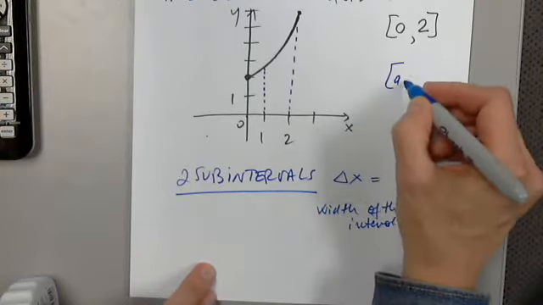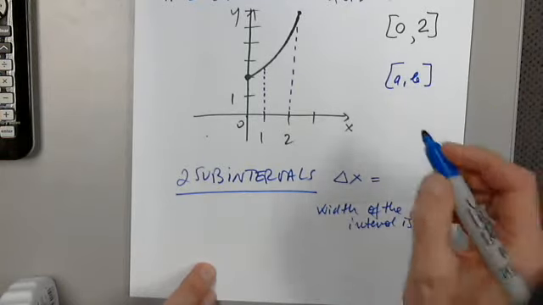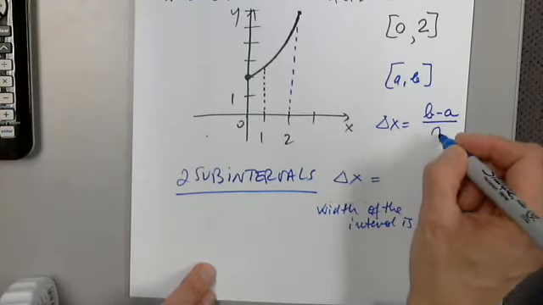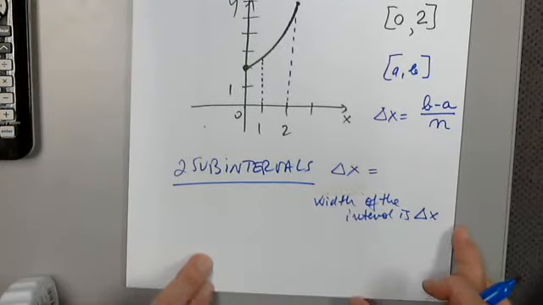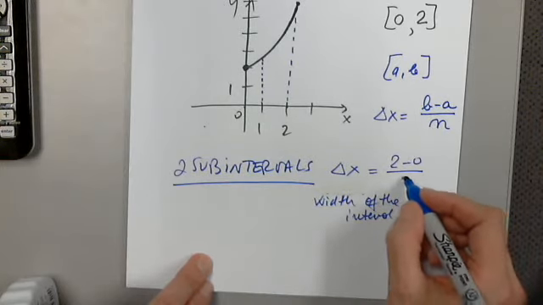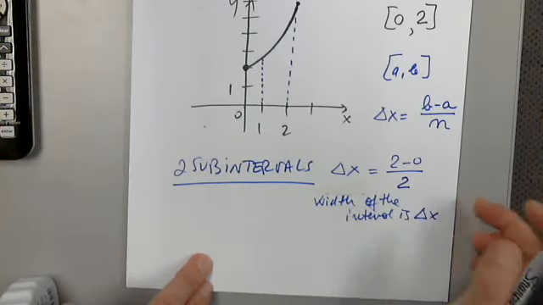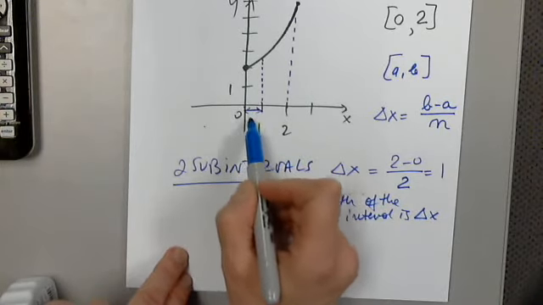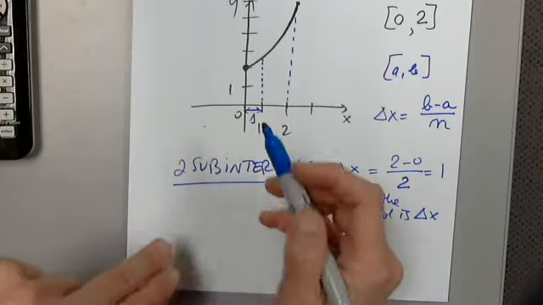So the interval normally will be denoted by a, b. So delta x will be b minus a divided by the number of subintervals. So in our case, you're right. It's 2 minus 0 divided by 2 subintervals. So this is 1. So that's why we had the width of the interval 1.